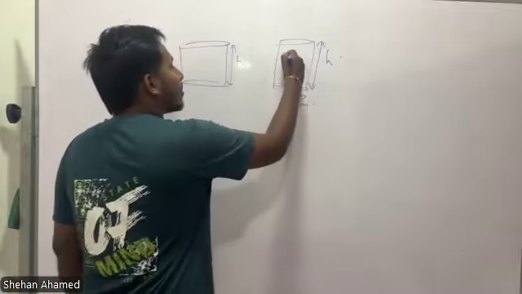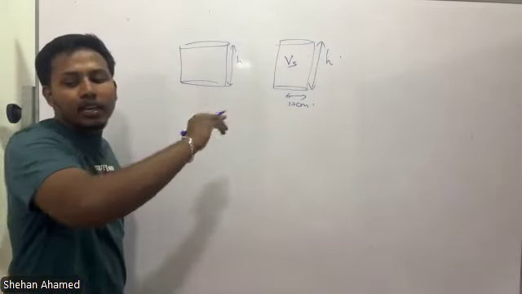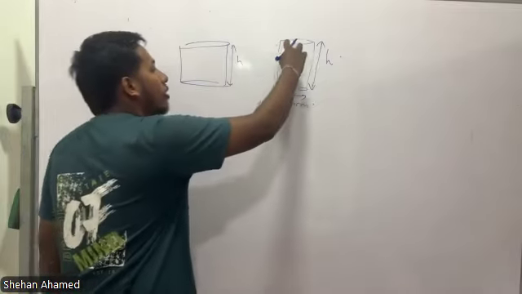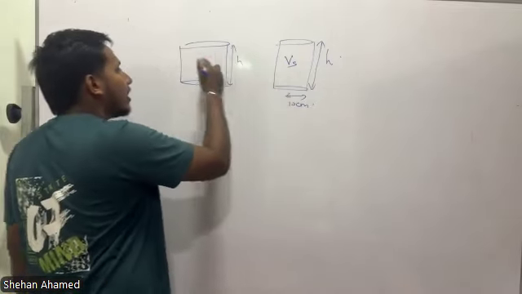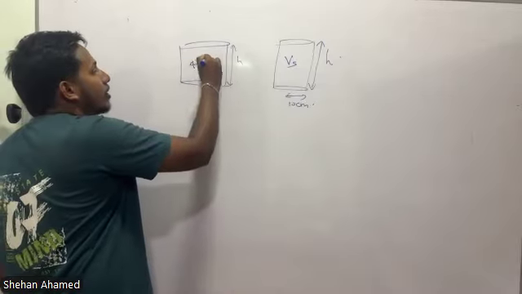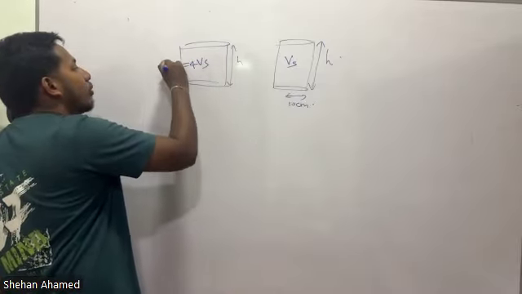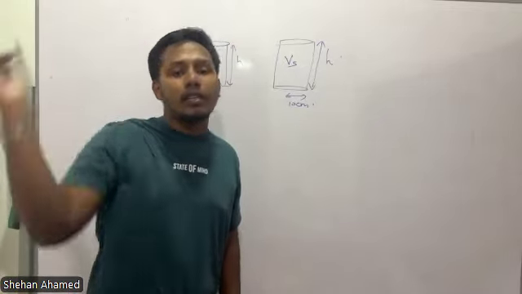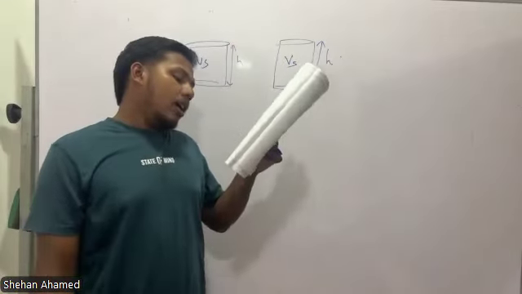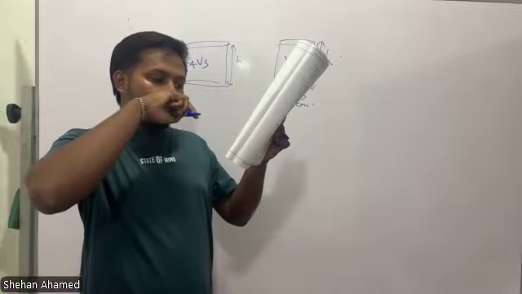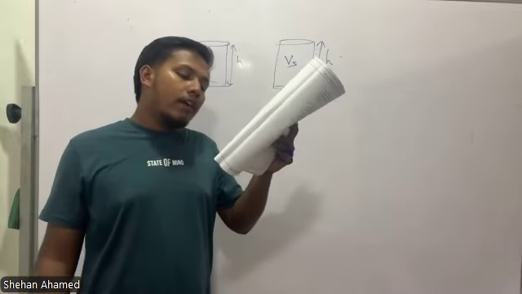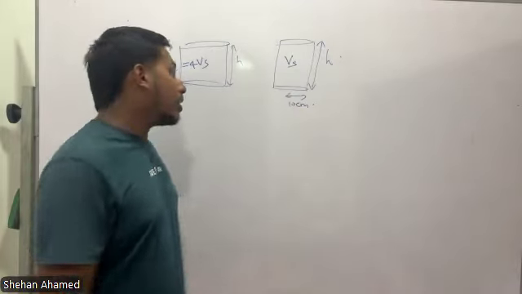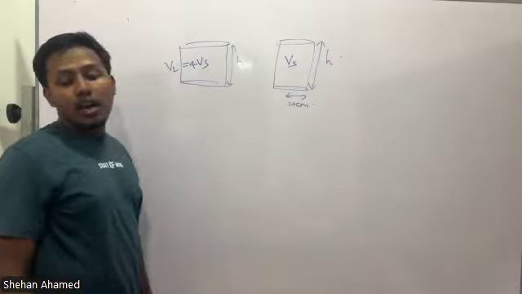I'm marking the volume of the smaller cylinder as Vs, and the larger volume Vl is equal to 4 times Vs. Find the base radius of the larger cylinder. They are asking the base radius of the large cylinder.